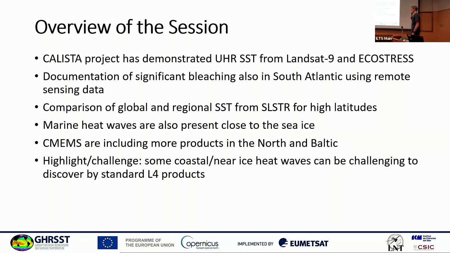Then there was the presentation on the comparison of the SLSTR product, which has both a global and a regional product for high latitudes.